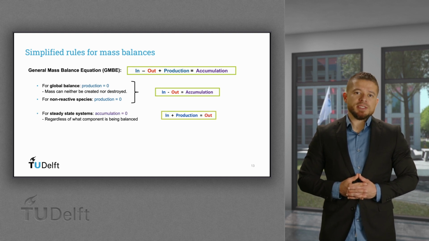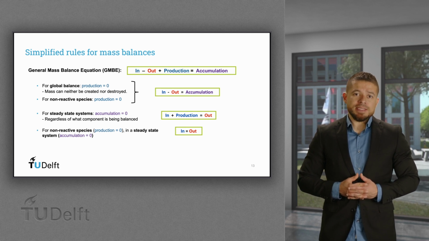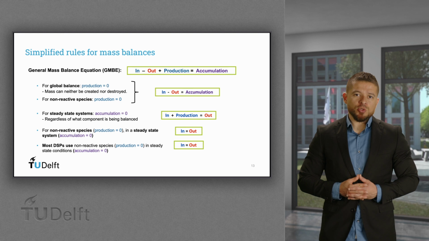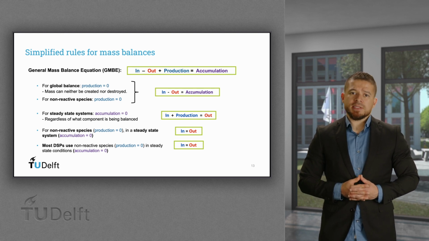In the case of steady-state systems, there is no accumulation of any species at any point. And for these systems that combine non-reactive species and steady state, we get the simplest expression of the general balances, which is often applicable to downstream processes using non-reactive species in steady state.